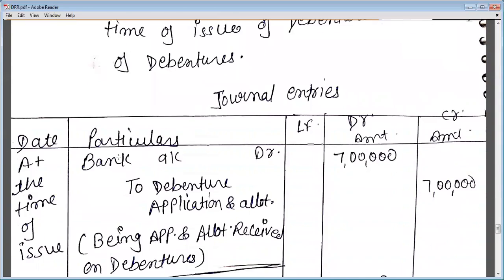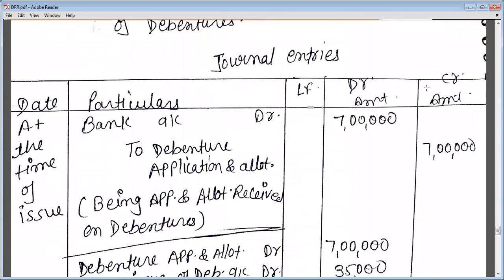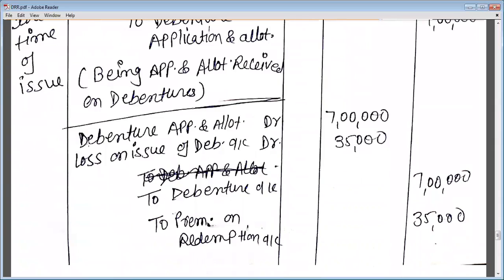Okay, so first we will receive the amount of debenture application. So the first entry will be: bank account debit to debenture application and allotment. That is 7,000 debentures at 100 each, that is 7 lakh. Then in the next entry: debenture application and allotment account debit, loss on issue of debenture account debit, to debenture account and to premium on redemption.